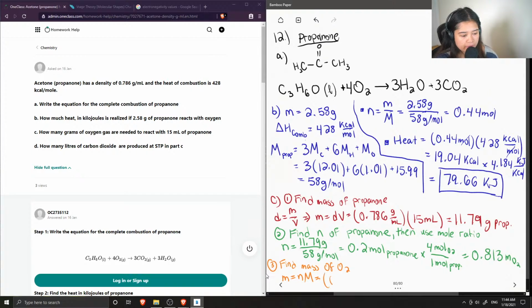Number of moles we found in the previous step to be 0.813 moles. And the molar mass of O2 is 32 grams per mole. So we get a final mass of 26 grams of oxygen needed.